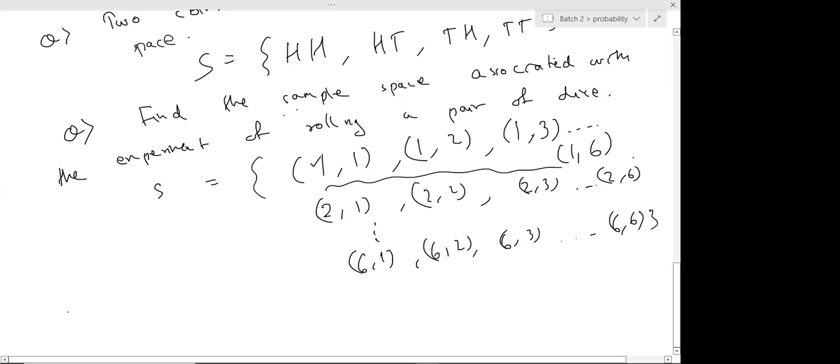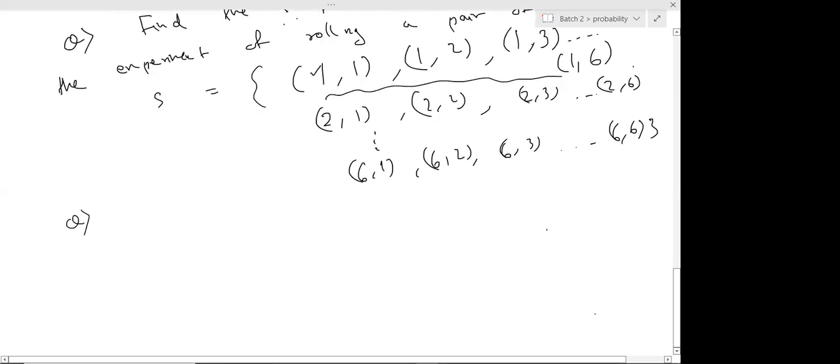Okay, let's try another question. And this is very important to know how to calculate sample space. There will be questions based on this only. A coin is tossed.